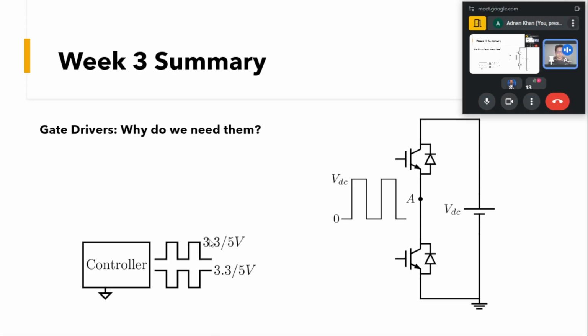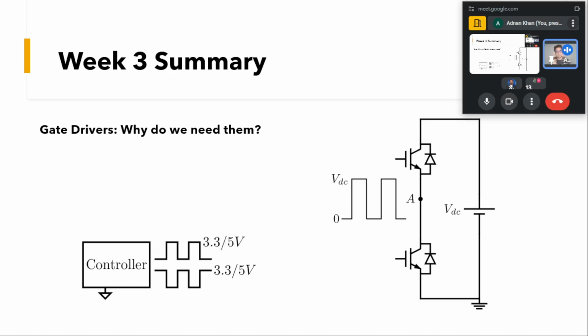And what we see is these voltages may not be sufficient to drive a device. Like we had seen, for a particular device we needed a VG of around 15 volts or 30 volts and so forth. So these voltages may not be sufficient to drive the device into the saturation region.